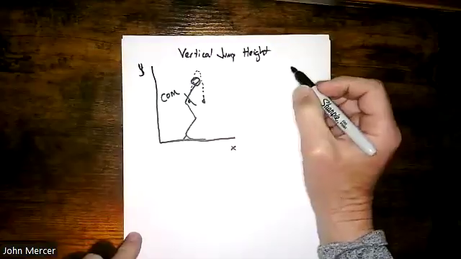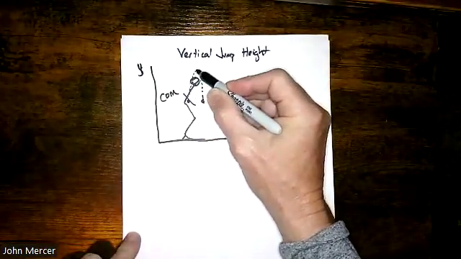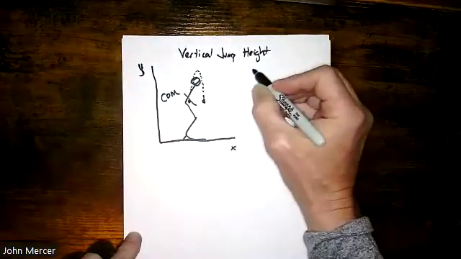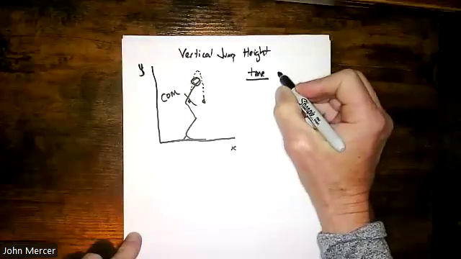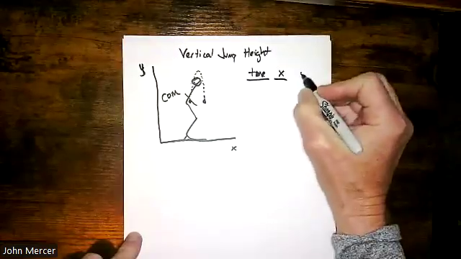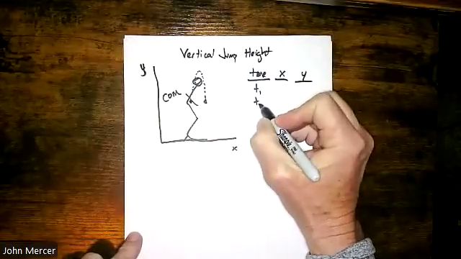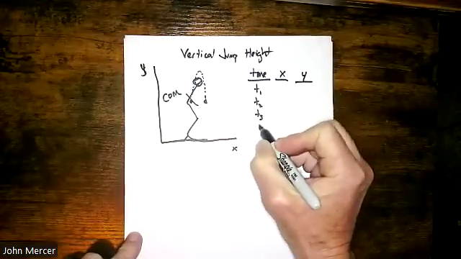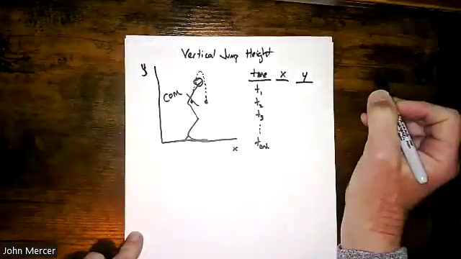Now, if I was going to do a camera system, I could track where that center mass is at any moment in time. So I can create a table that would look like this. I'd have time data, I'd have X data, and I'd have Y data. So time 1, time 2, time 3, all the way up until the end of time.